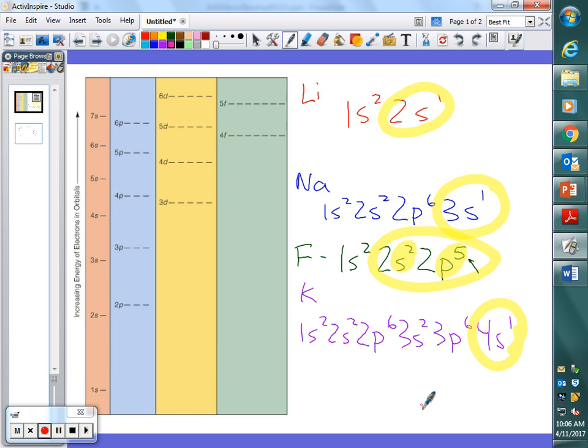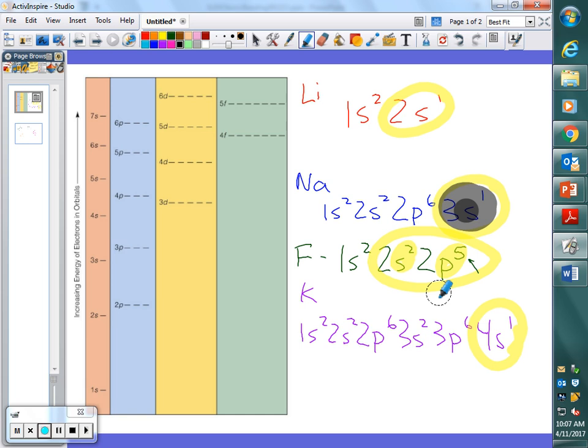But if we look at sodium, its highest energy level right now is the 3rd energy level, and it has 1 electron in that 3rd energy level. But if it got rid of that electron in the 3rd energy level, now what's the highest energy level?